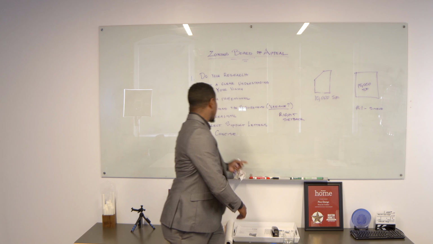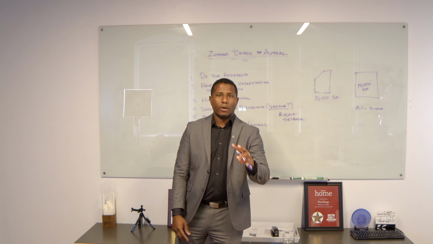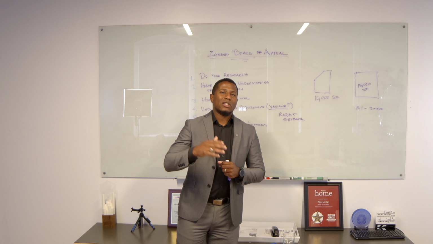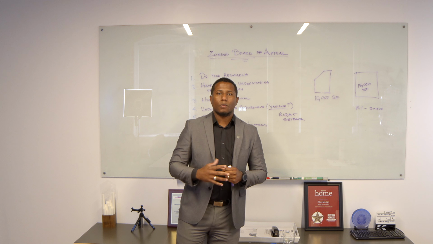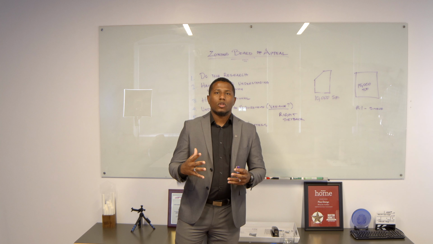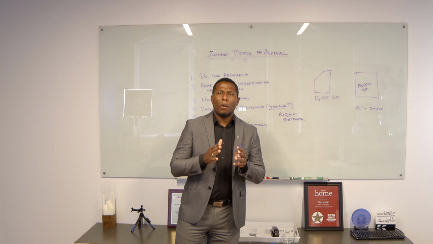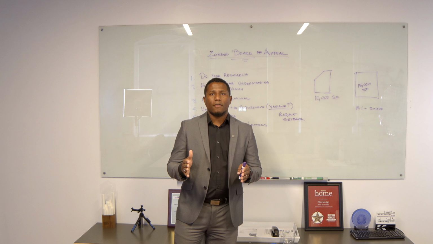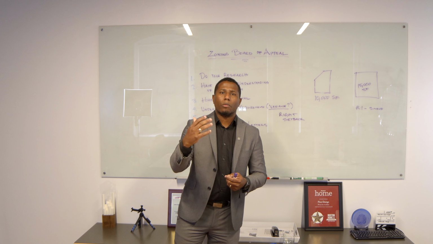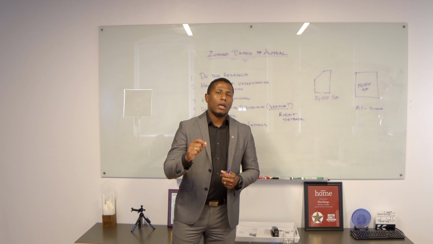So be concise. In 2 minutes, I already told you about the project and what I want to do. Because they listen to so many of these projects and so many ideas from different people, you want to make sure that within a couple of minutes, you describe what you want to do within that lot, within your property, but be concise.